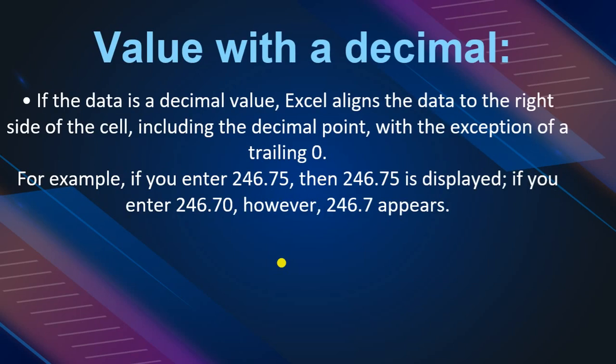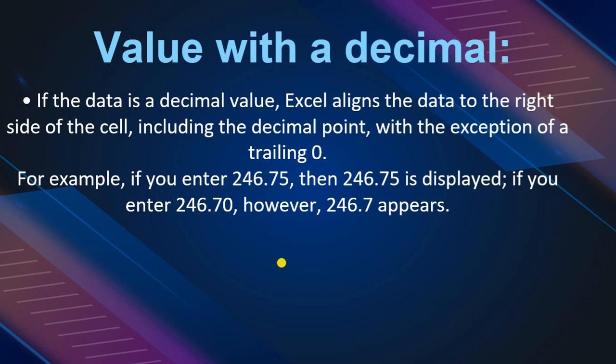Now, a value with a decimal. If you write a value with a decimal point in it, Excel assigns the data to the right side of the cell, including the decimal point, with the exception of a trailing 0. If it's 0, then it will not be shown.